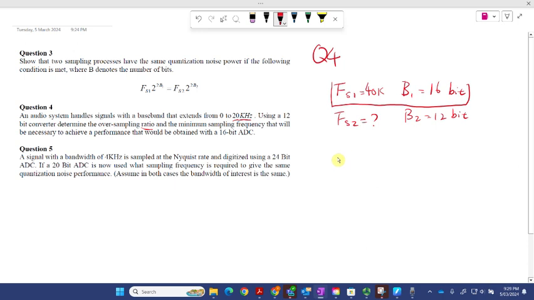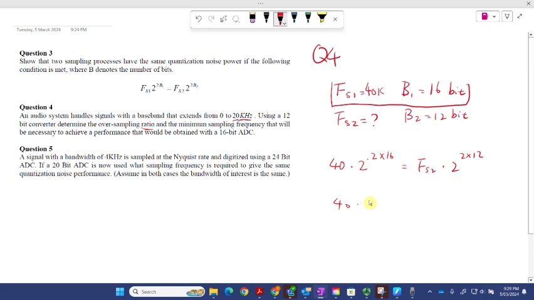So we're going to use this equation: 40k multiplied by 2 to the order of 2B1, where B1 is just 16 here, equals an unknown number multiplied by 2 to the order of 2 times 12. We want to divide that to this side.